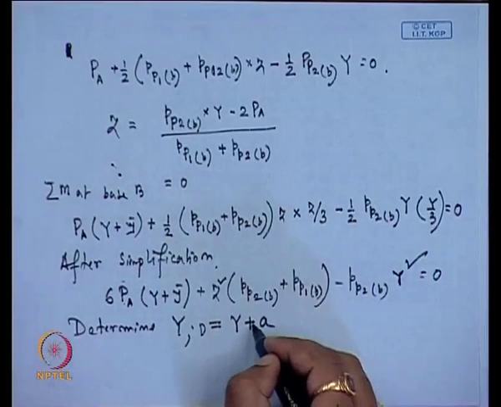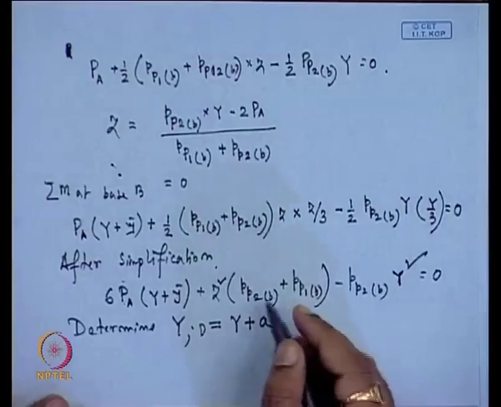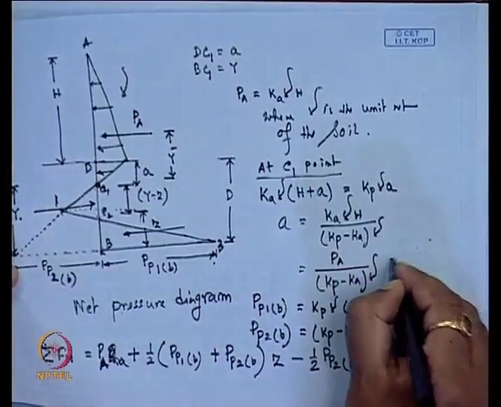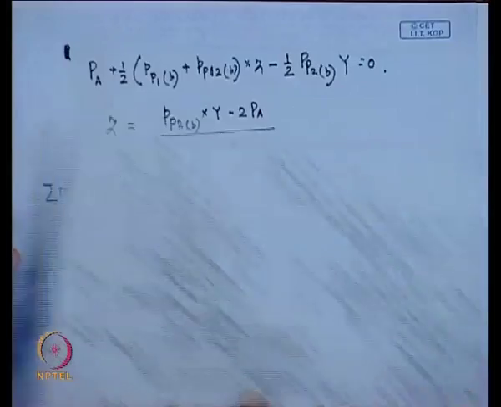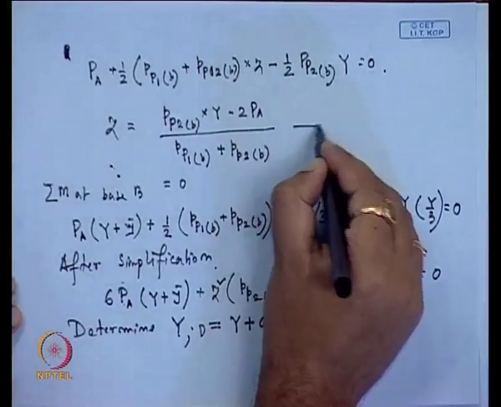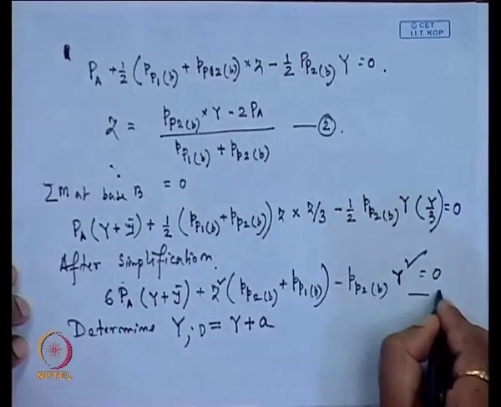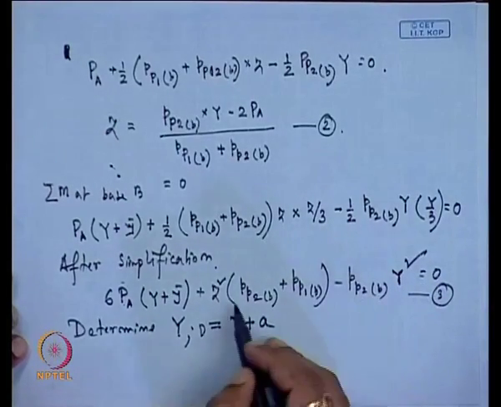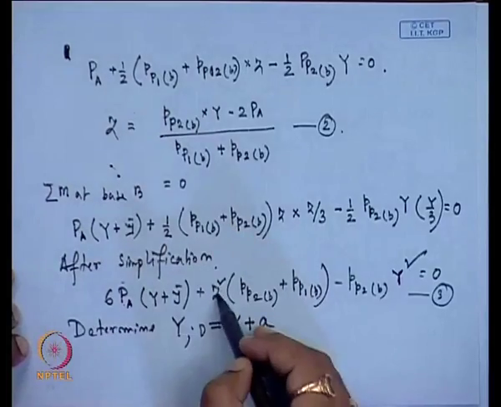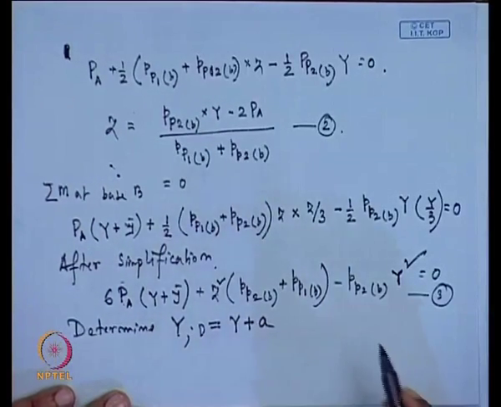Then the A calculation we will do from expression number 1. So, if I give the names, this is number 1, from here we can determine A. This is equation number 2, from here we will determine Z, and this is equation number 3, from there we will determine the capital Y. And this Z we will put here. So, capital D will be capital Y plus A.